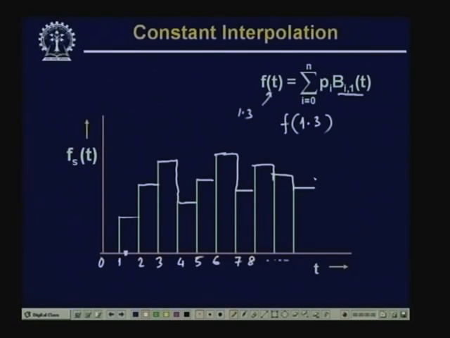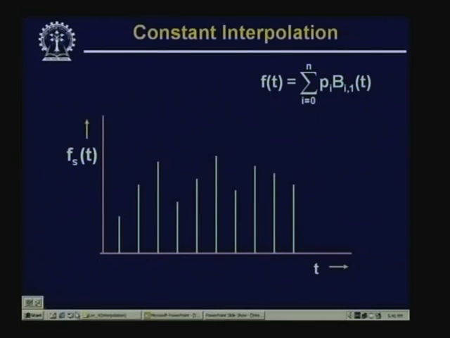It goes like this. So, at all points between t equal to 1 and t equal to 2, the interpolated value is equal to f_1. Similarly, between t equal to 2 and t equal to 3, the interpolated value is equal to f_2, and so on.